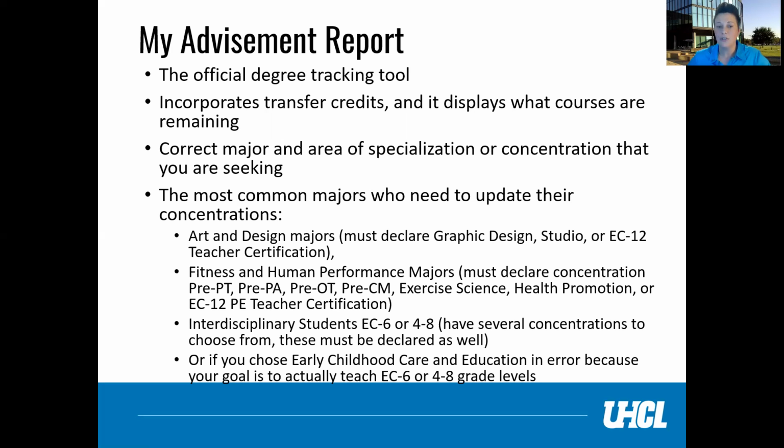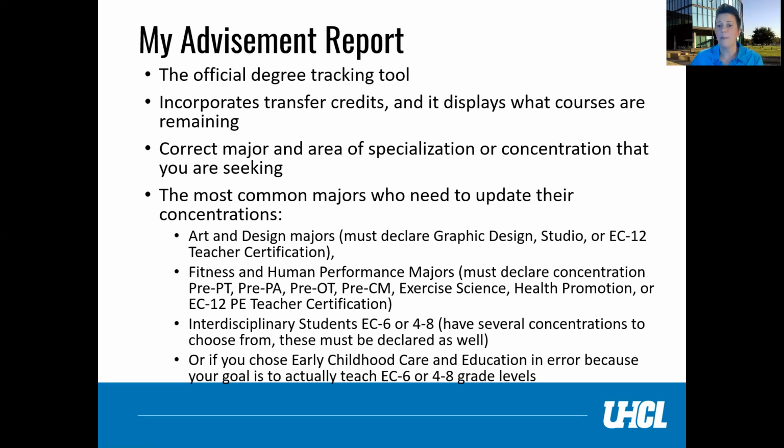So there's pre-physical therapy, pre-physician's assistant, pre-occupational therapy, pre-chiropractic medicine, exercise science, health promotions, or even EC through 12 PE certification. So again, several different options there. We cannot build your degree plan unless we know what concentration you're choosing. The degree plans are very unique to the concentration. So that is really important for us to have.